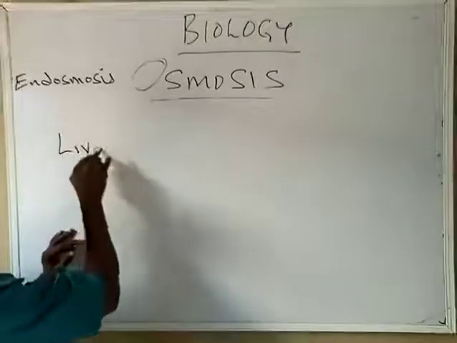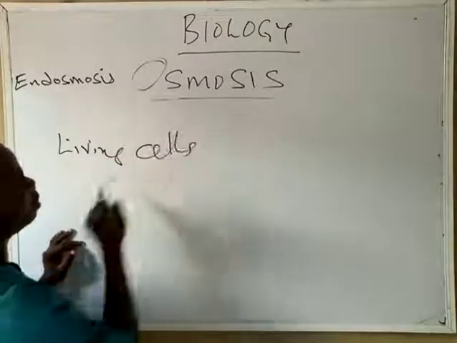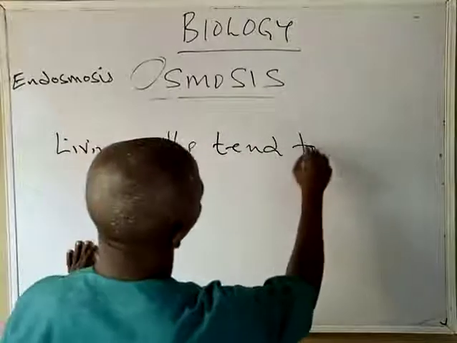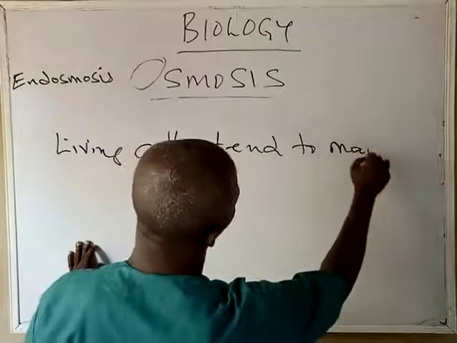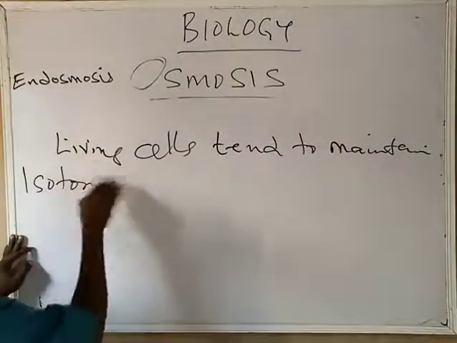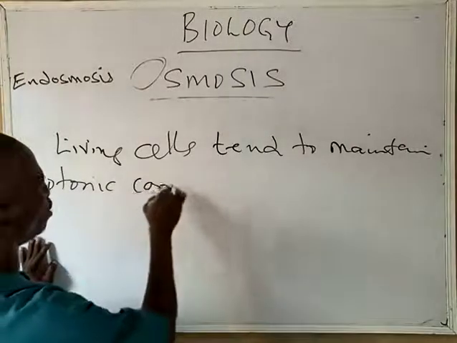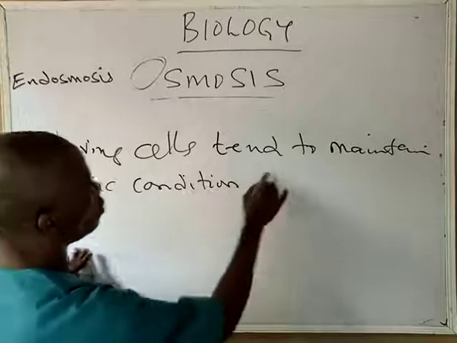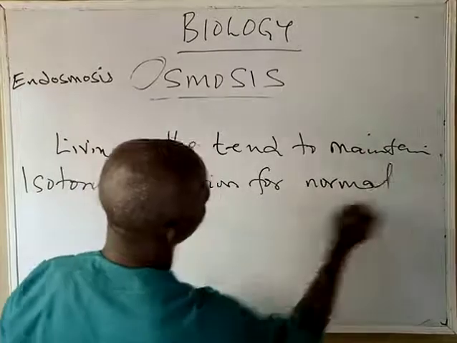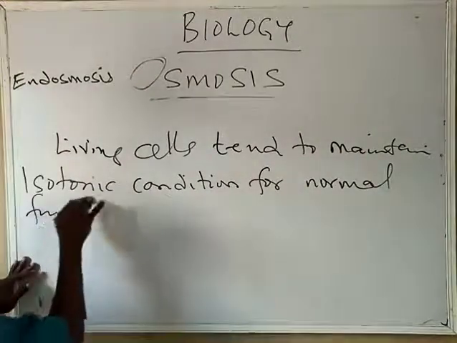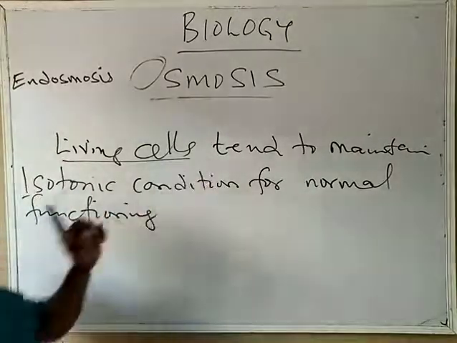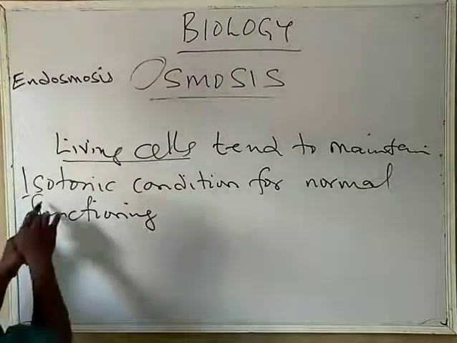Naturally, living cells tend to maintain an isotonic condition for normal functioning. Living cells tend towards maintaining an isotonic condition.